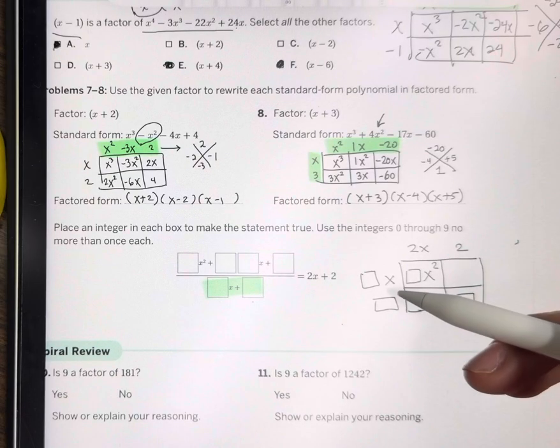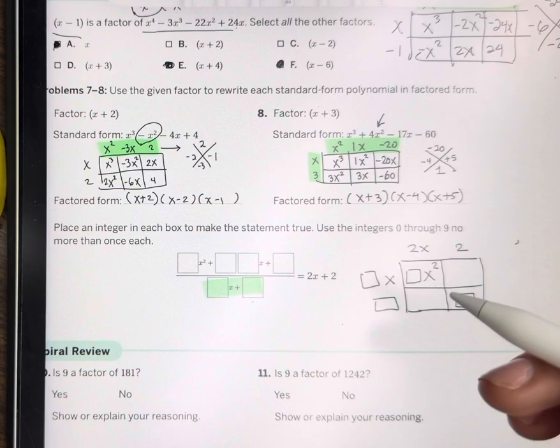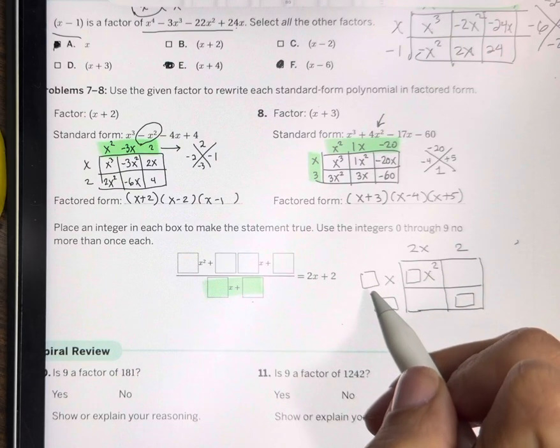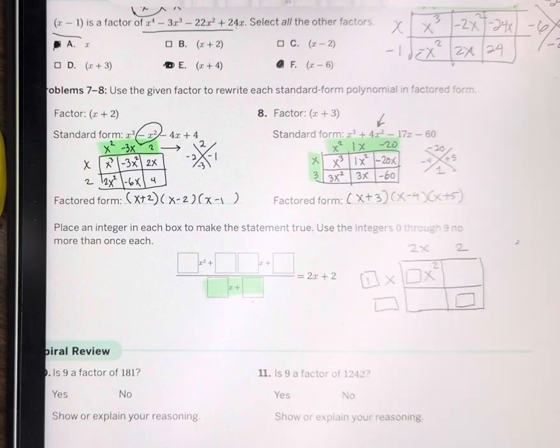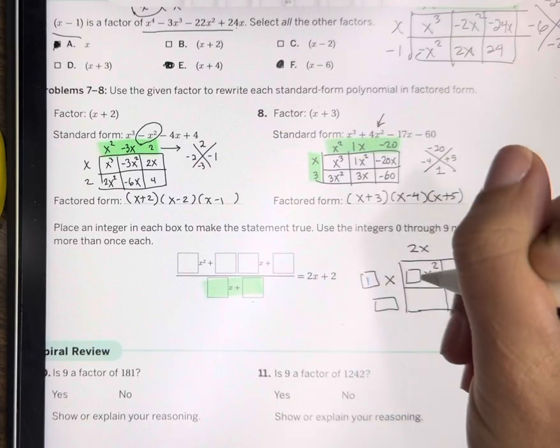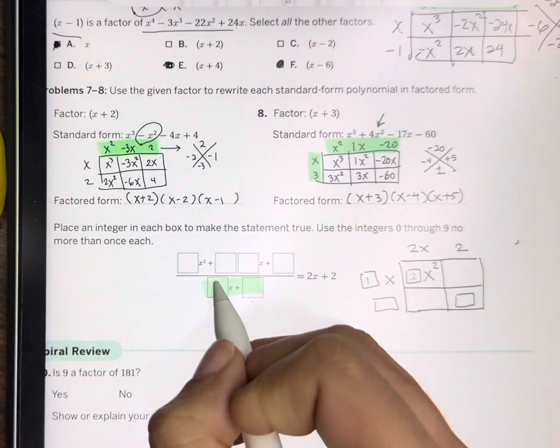So 2x times x is 2x squared currently. But the problem is, oh no, there's no problem yet. Let's see. Let's write in blue. If this was a 1x, 2 times 1 would be 2 right there. And so far I will have used a 1 and a 2. The 1, remember, goes in here.